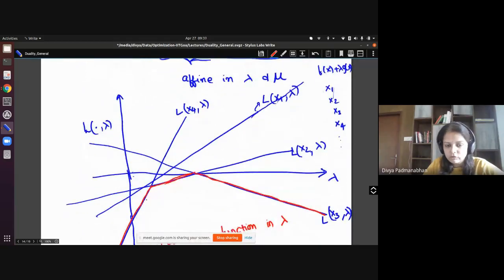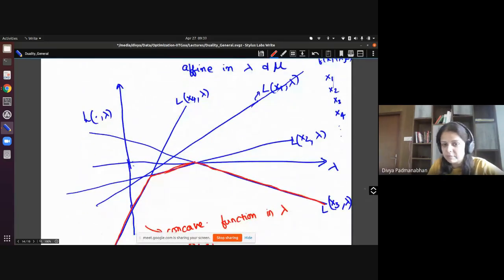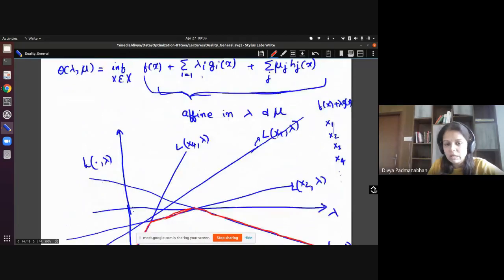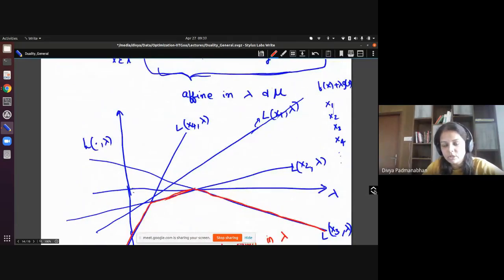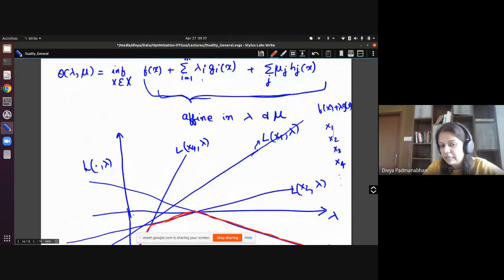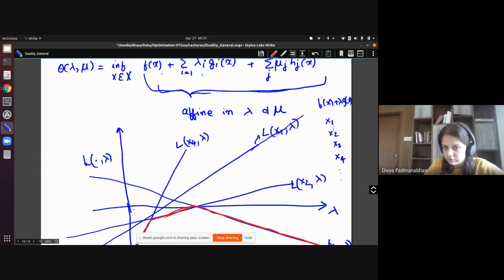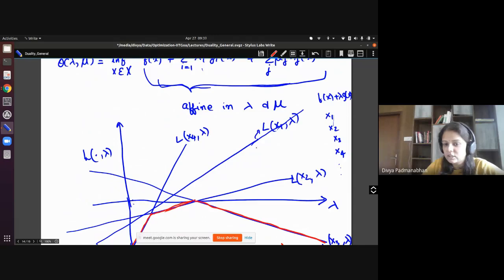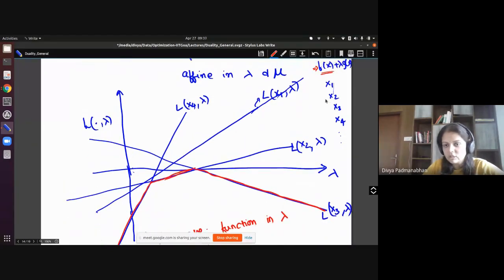One thing you will see, if you want to see it pictorially from this figure, is that in each of these lines you take, the intercept is actually f of x, right? Because all these functions are of this form, f of x plus lambda g of x. So the intercept is exactly f of x for each of these lines.